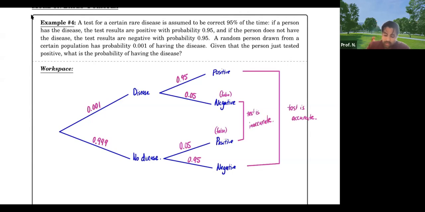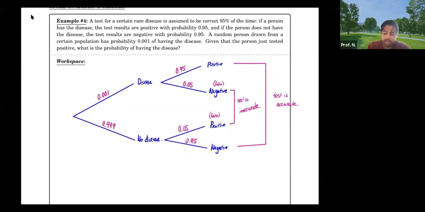And so then our question is, given that the person just tested positive, what's the probability that this person does have the disease?